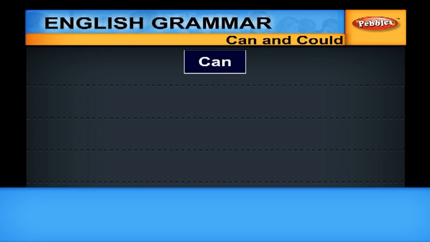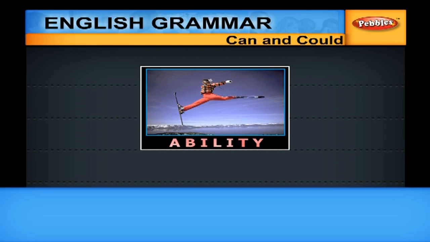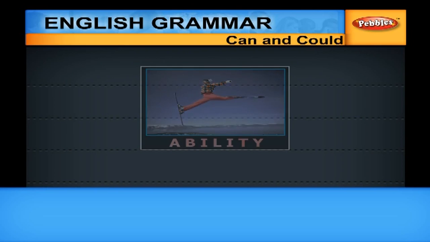Now we come to can. Can is used to express an ability. Don't you think so? I can do it, you can do it, like that. It can be used to express an ability or opportunity, to request or offer permission, and to show possibility.